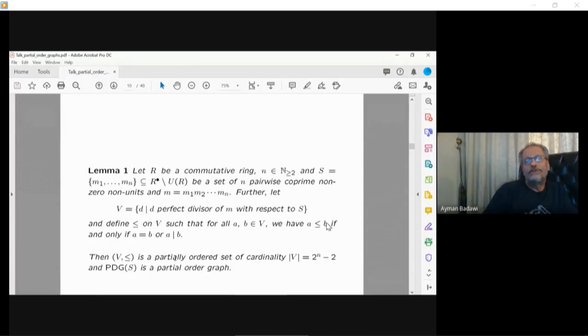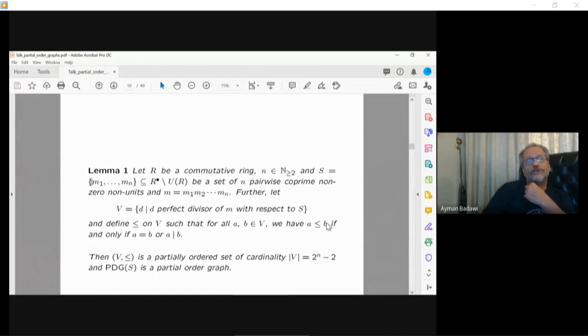Okay? And it turns out you can calculate how many vertices this graph has. And this has to do with 2 to the n minus 1. It depends on how many things you put inside. To make it simple for you, take R to be Z, the set of all integers, positive and negative.